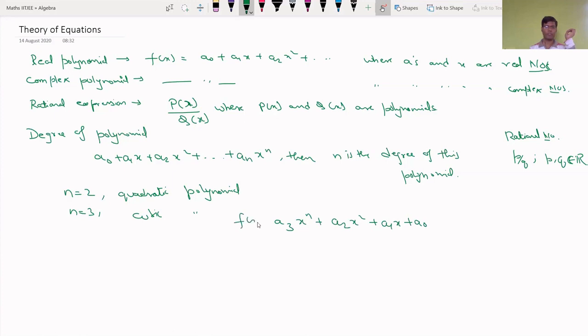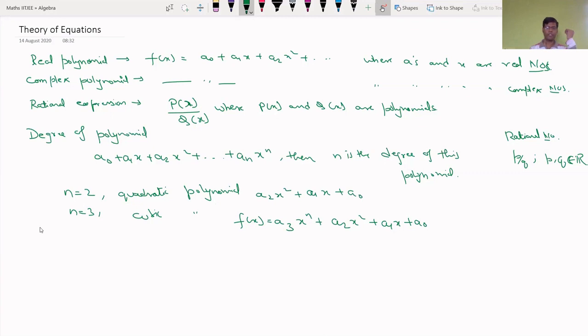Of course, I'm just writing the highest power of x term first and then reducing it. Similarly, my quadratic polynomial will be of the form a2x square plus a1x plus a0.